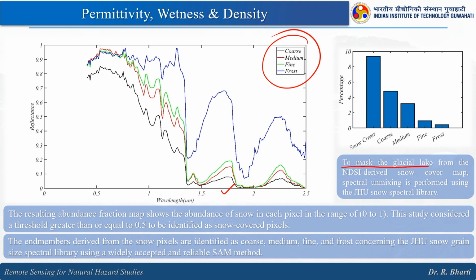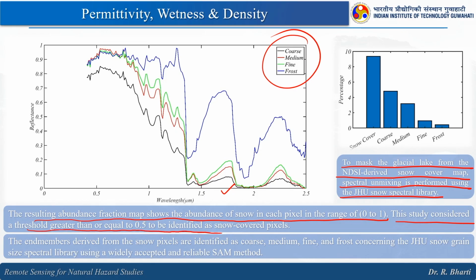To mask the glacial lake from the NDSI derived snow cover map, spectral unmixing is performed using the GHU snow spectral library. The resulting abundance fraction map shows the abundance of snow in each pixel in the range of 0 to 1. This study considered a threshold greater than or equal to 0.5 to be identified as a snow covered pixel.